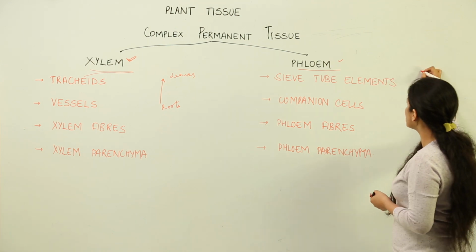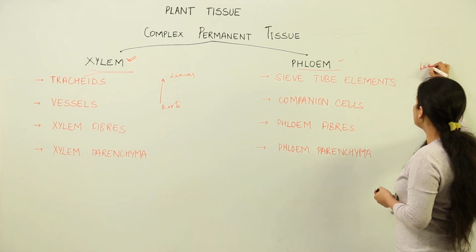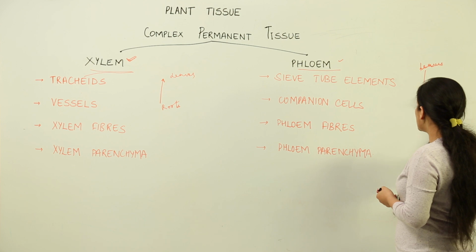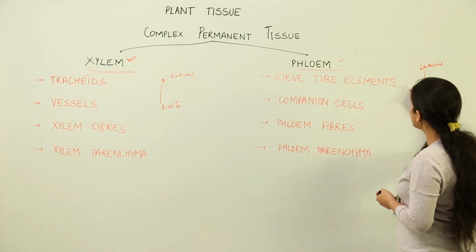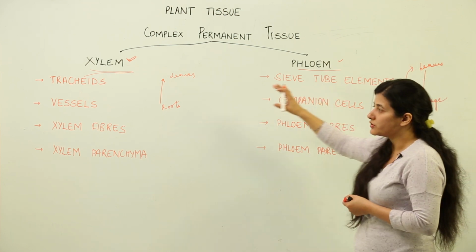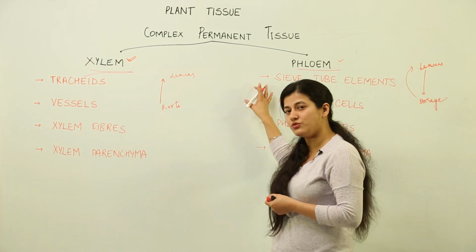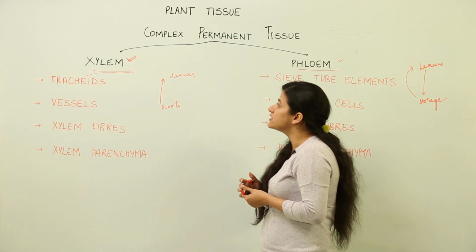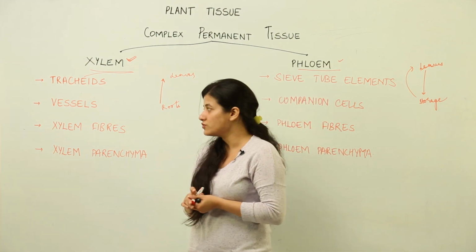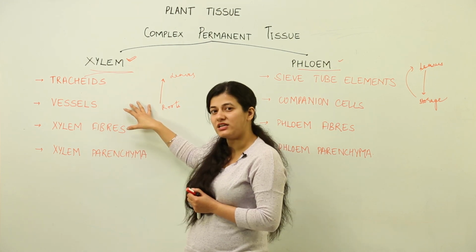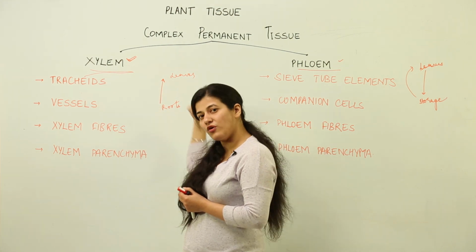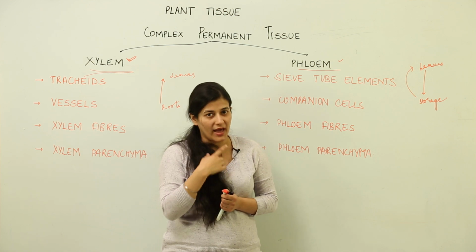So basically the direction would be from leaves to the storage organs, and in stress conditions from the storage organ to the leaves. So this is the basic function of these two tissues, and as we are seeing the cellular composition of these two tissues, we get to know that there are four types of cells which form the xylem, and four types of cells in case of phloem as well.